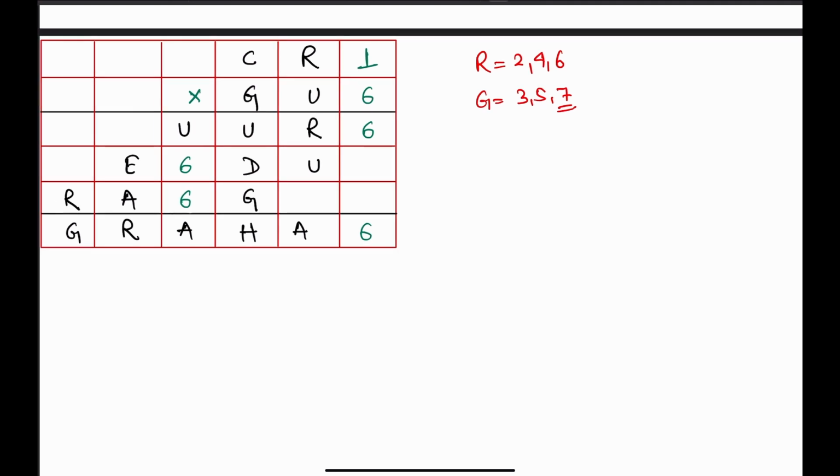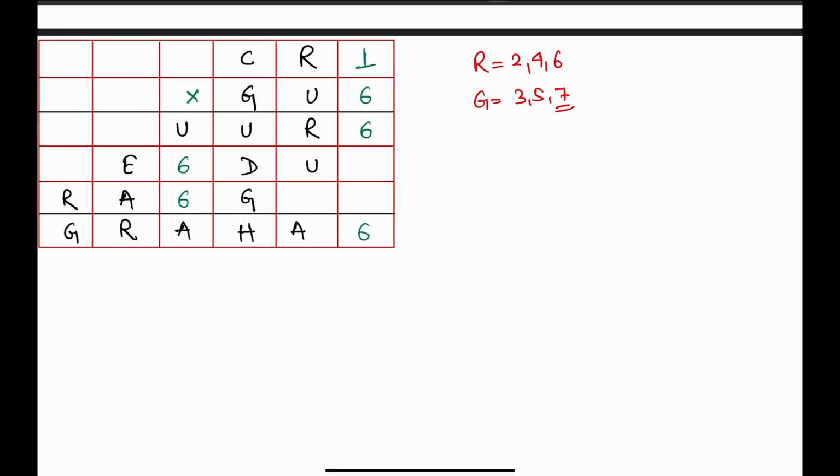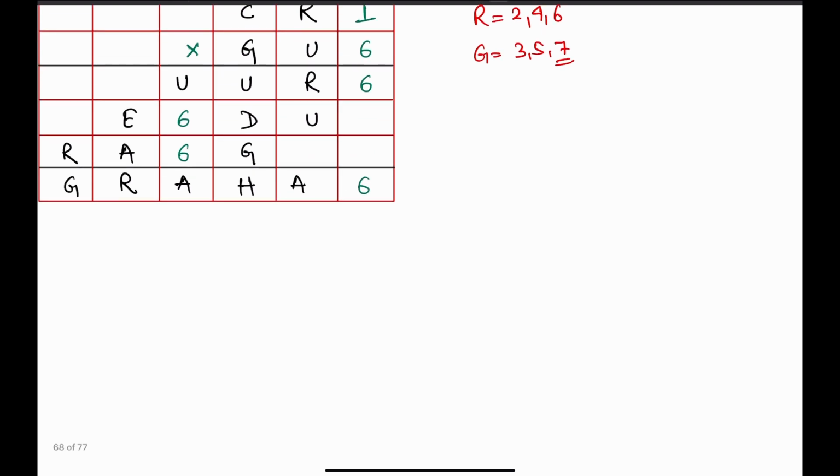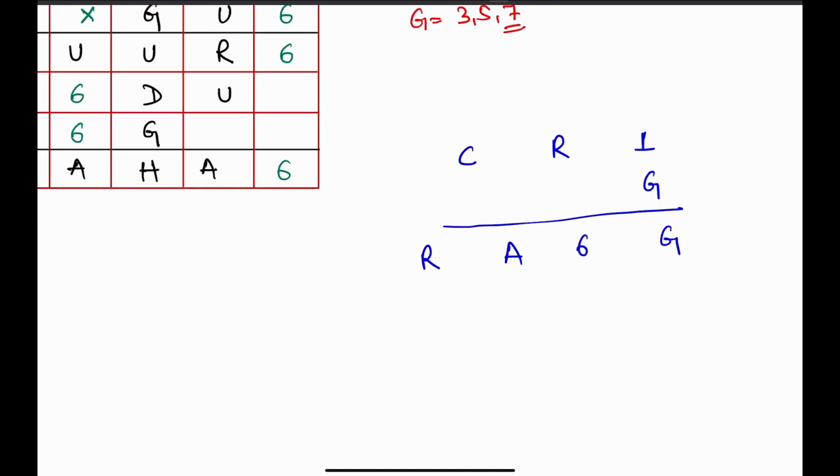What I need to do, now that I have some knowledge about r and g, I will try to use it. See, r1 when multiplied with g, what I am getting is ra6g.